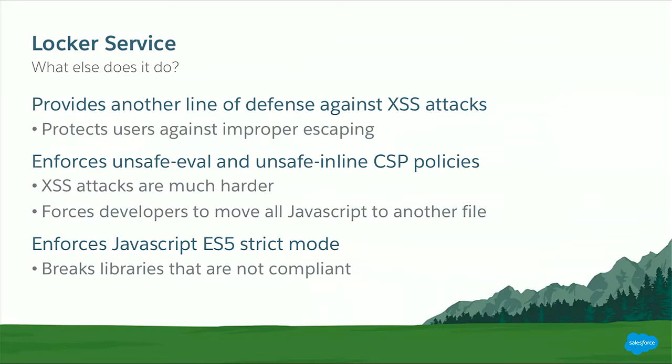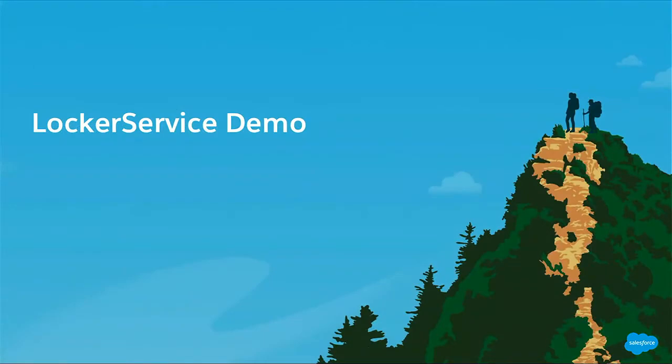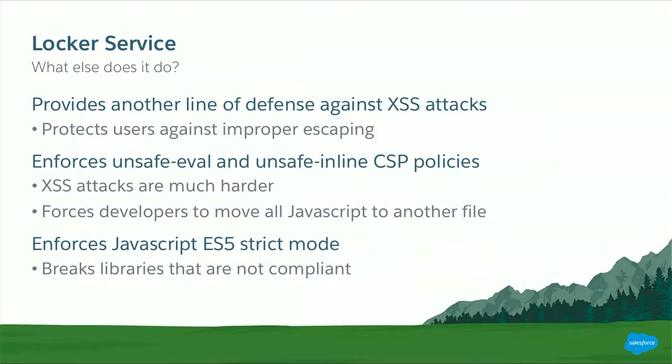Lastly, JavaScript strict mode is enabled with Locker, making sure that we write clear, understandable JavaScript apps by using a limited but well-defined subset of JavaScript. One note, actually, and I know this has been a big issue for some of our partners, is JavaScript strict mode will break certain third-party libraries.